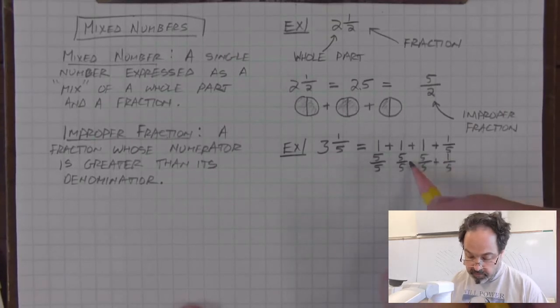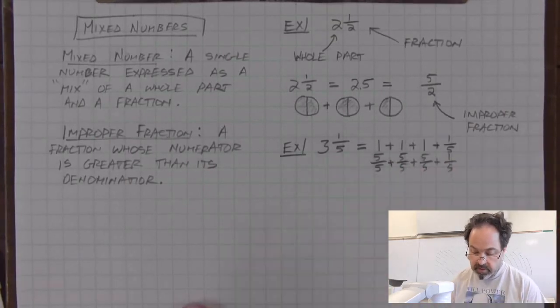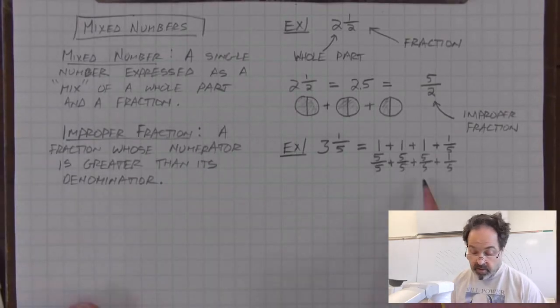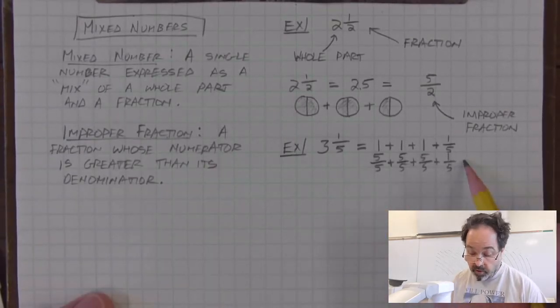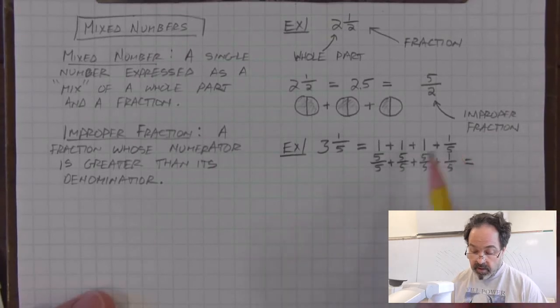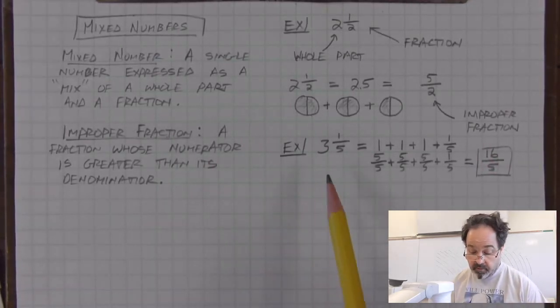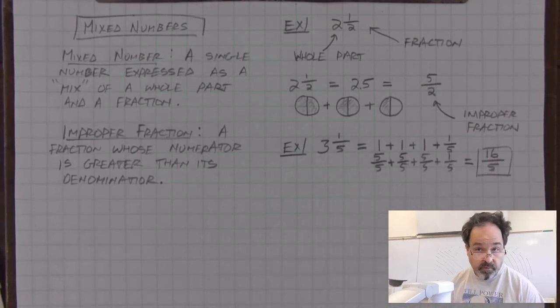And we're still adding. Now that I've seen the whole part, the 3 as 3 1s, and each 1 expressed as 5ths, this is fraction addition with a common denominator, and I can add the numerators to get 16 and keep that common denominator. This is how we can convert a mixed number into an improper fraction.